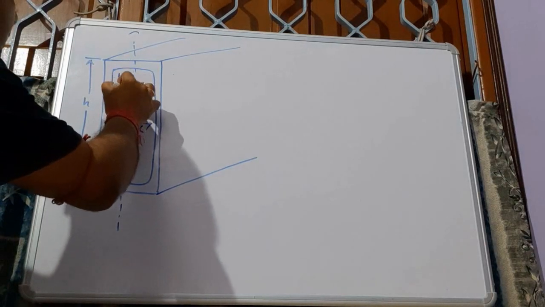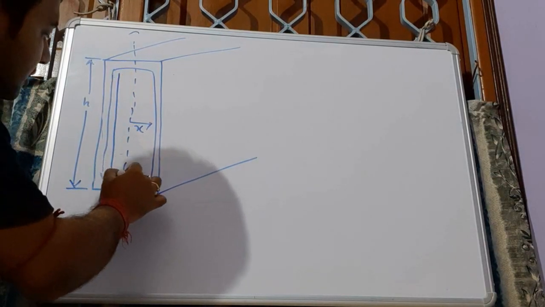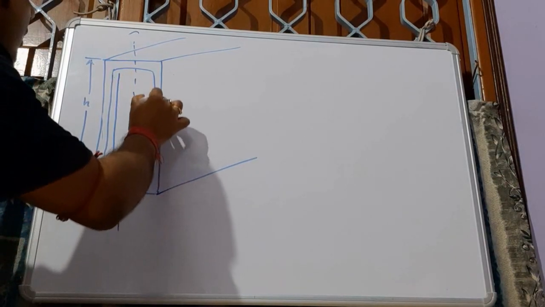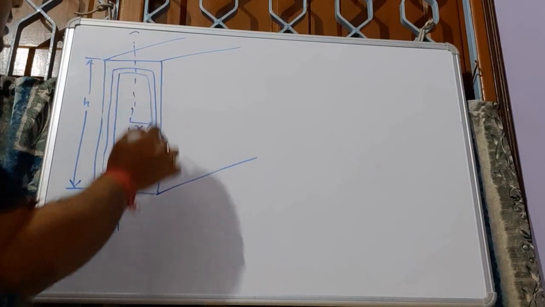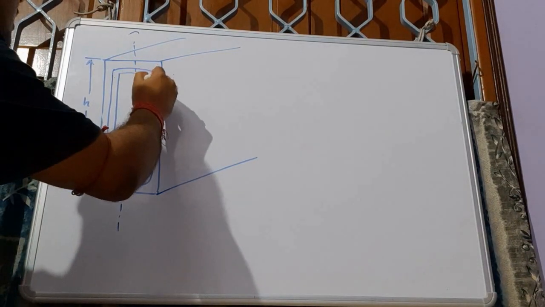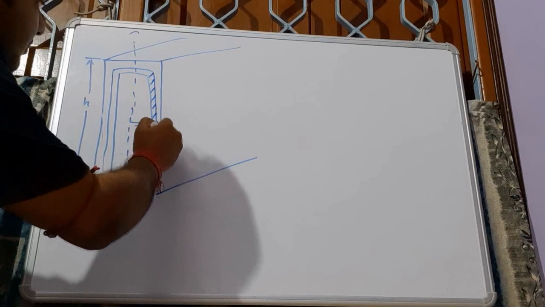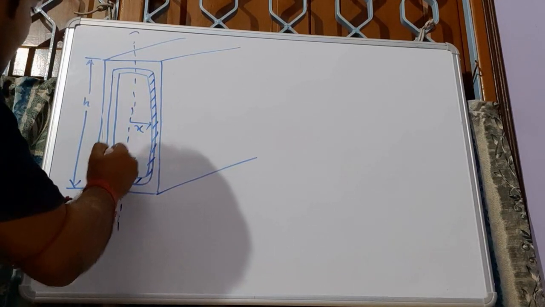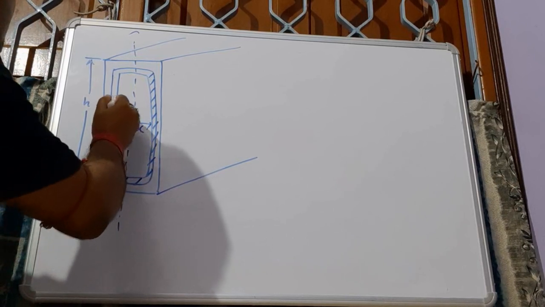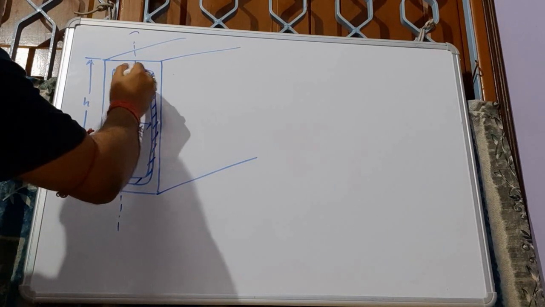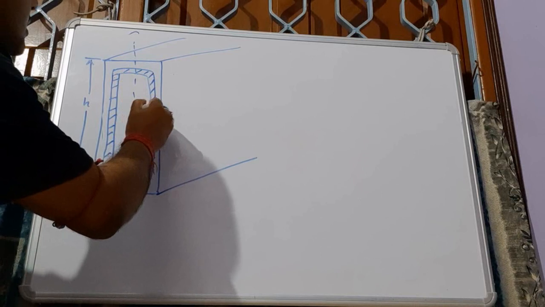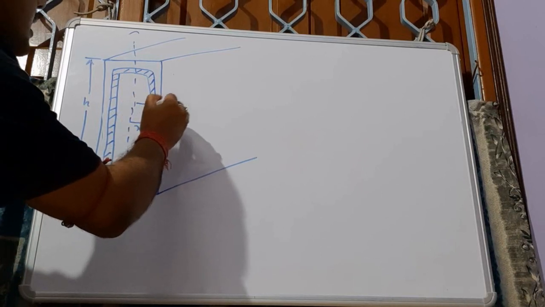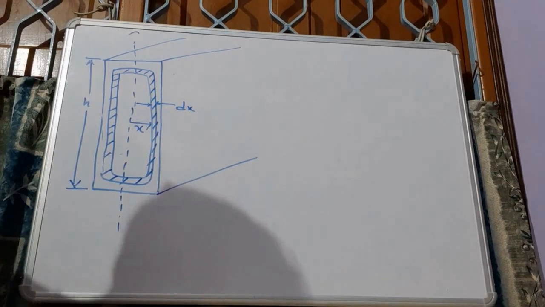Now if this is a section, a circular section, we can consider this as dx, right?